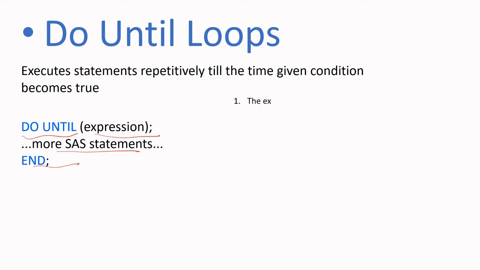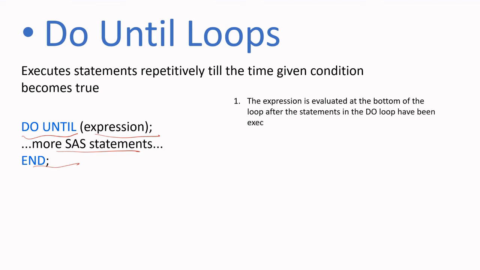First, the expression is evaluated at the bottom of the loop after the statements in the do loop have been executed. So first the statement gets executed and then the expression is evaluated.